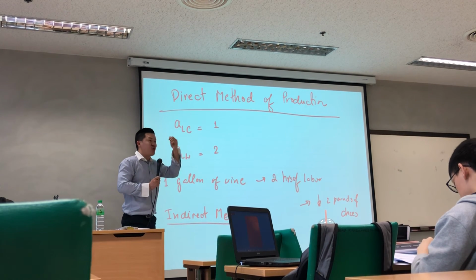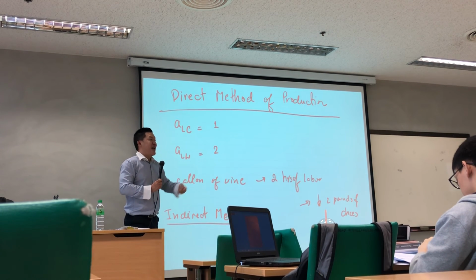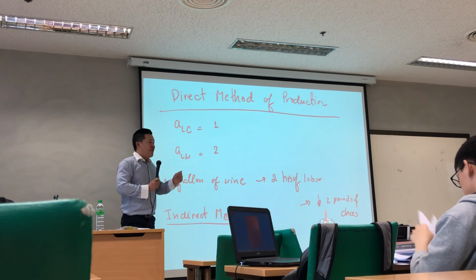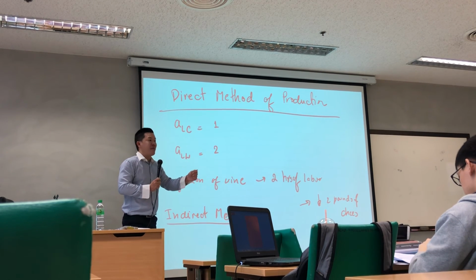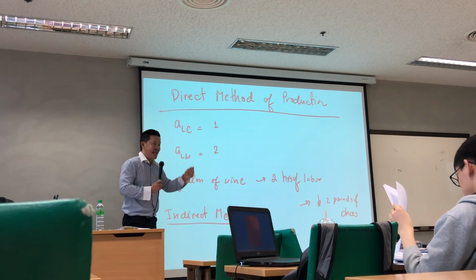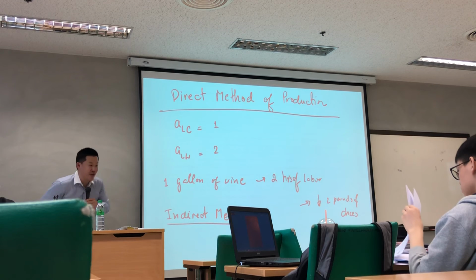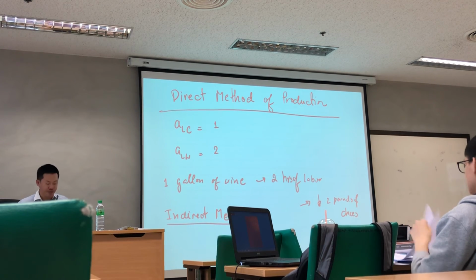Direct means if you want to consume wine, you produce wine. But indirect means you produce cheese and trade cheese for wine. It's better than the direct method. Okay, let's see what happens.